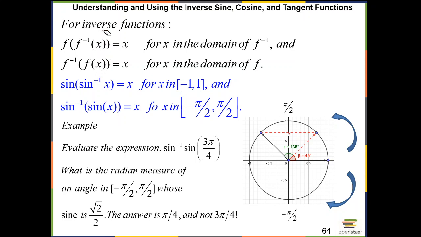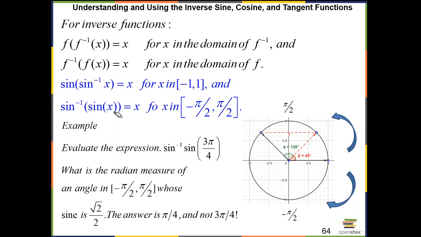So we can apply this to sine and sine inverse. If you take sine of sine inverse of x, you get x. This is true only if x is in the domain of sine inverse, which is negative 1 to 1.